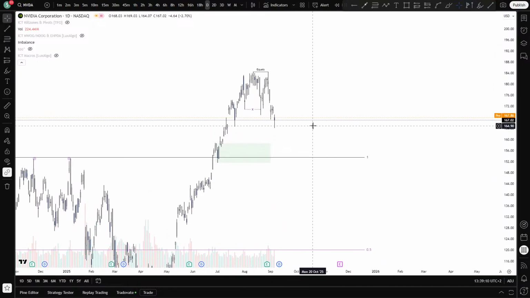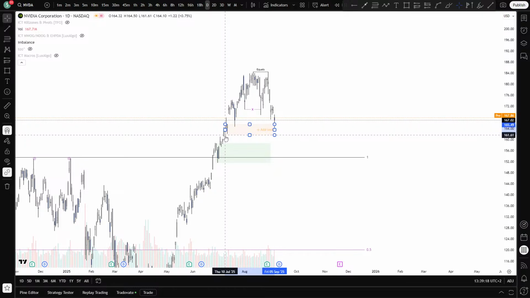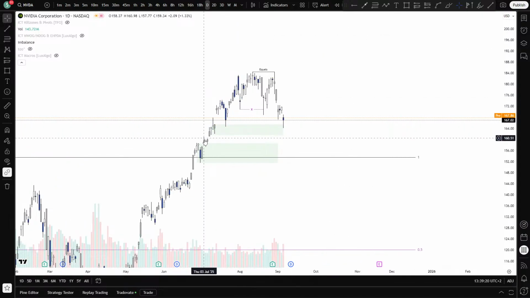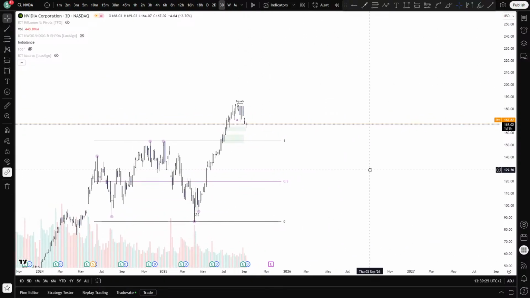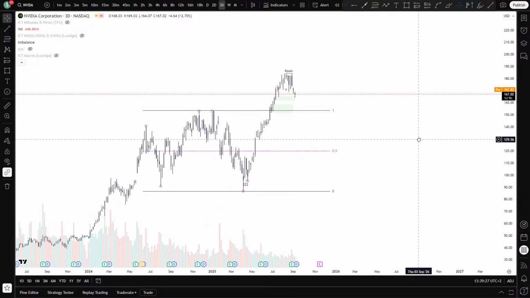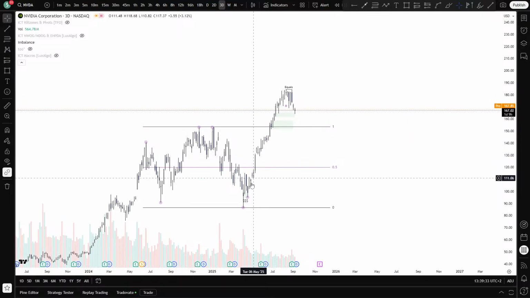Let's zoom in on that in a bit. I can see this is just a big support zone. Let's refine it to this. We don't really have any 3-day.